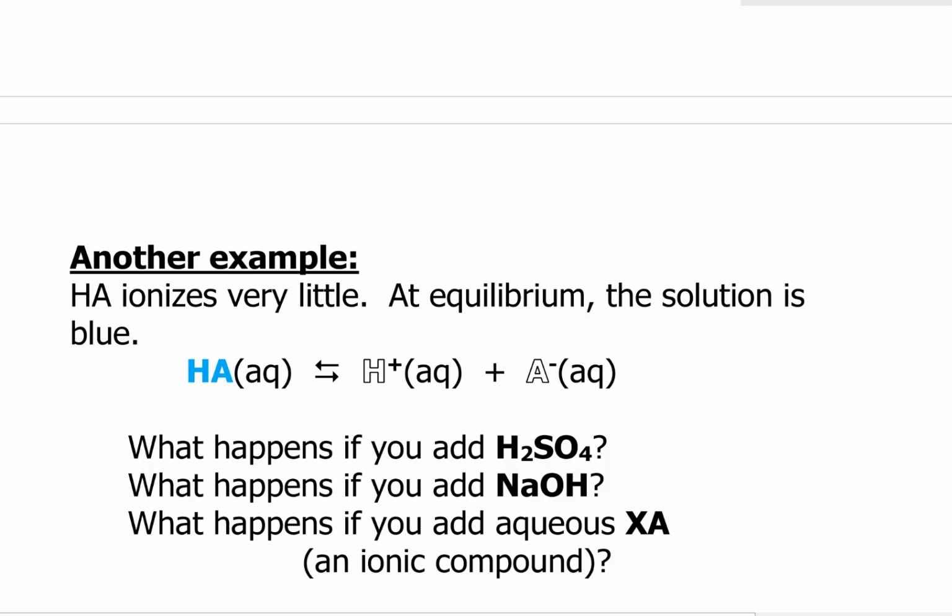Okay. If we add sulfuric acid, this has the effect of adding H+ ions. So if we add these, the equilibrium will shift to the left. We'll get it more blue.